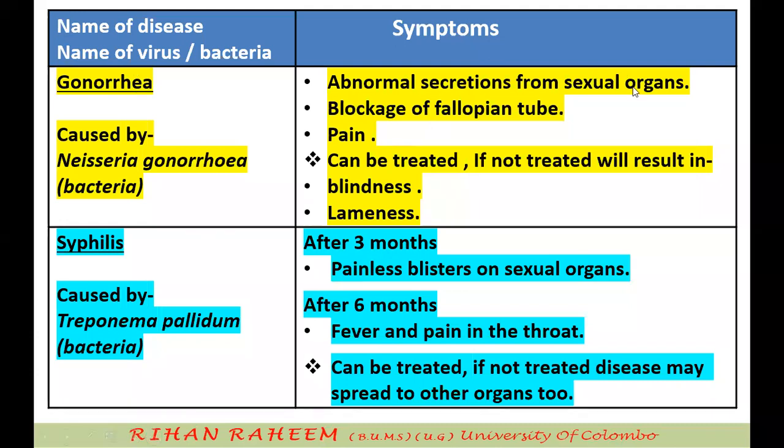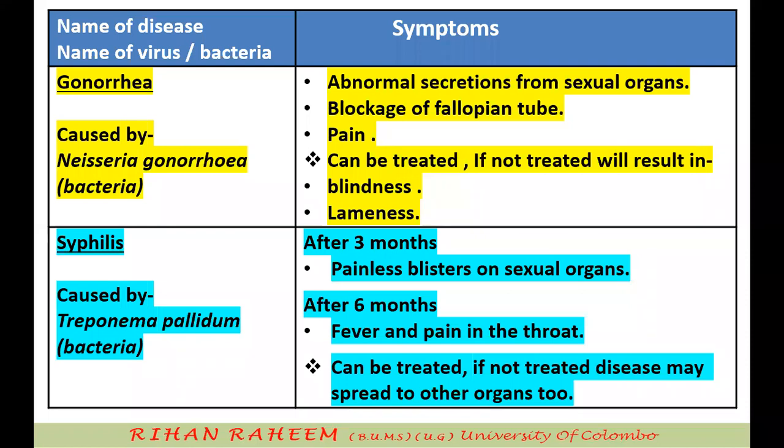There will be abnormal secretion from the sexual organ, different liquids in yellow, red, blue, or white color. If it happens in a female, the fallopian tube will be blocked and there will be pain. This can be treated, but if not treated, it may result in blindness, lameness, and body paralysis. Many things will happen later if not treated properly.